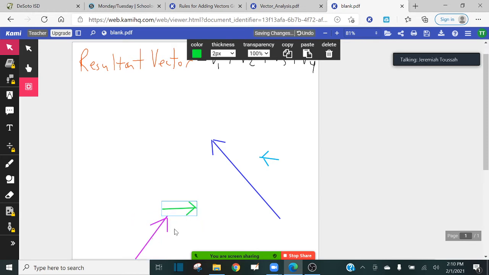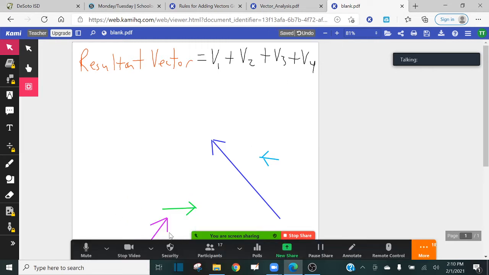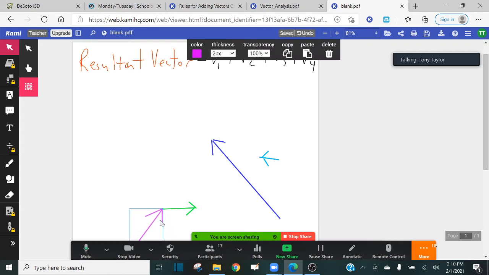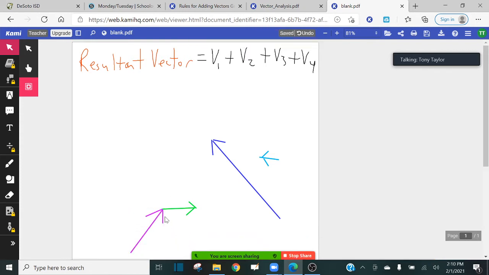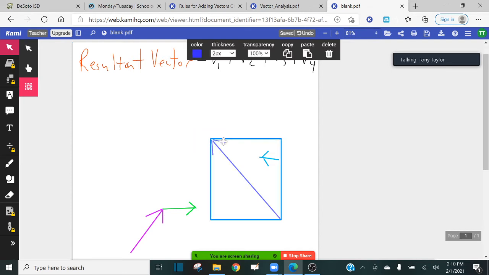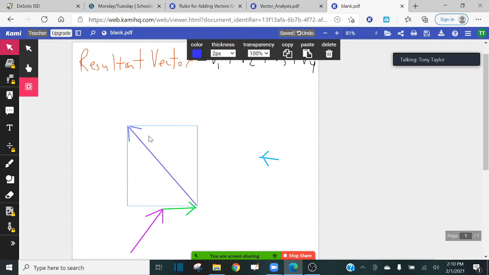Because notice this right here. Yeah, this I can do because notice that's head to tail. Okay, now let me do my other arrow. So this like this, head to tail, and then like this, head to tail.